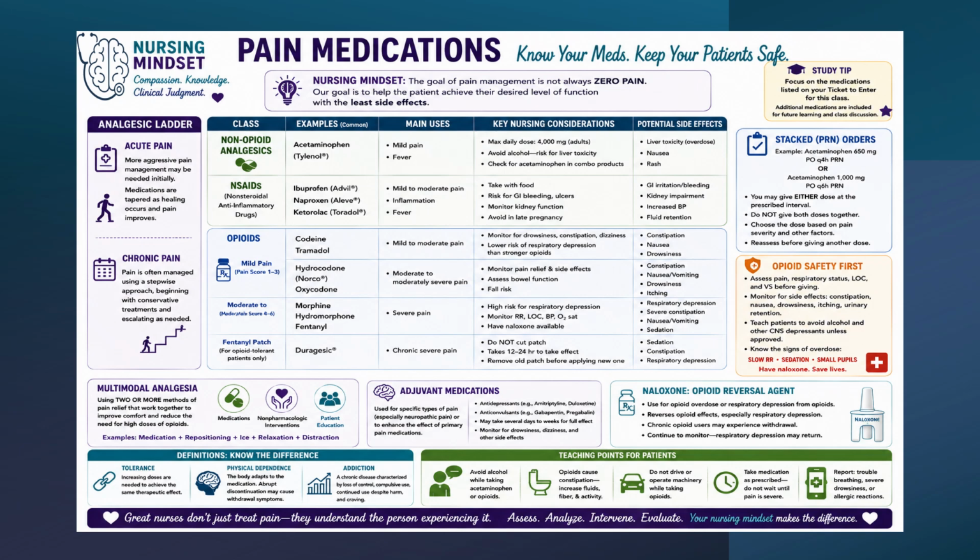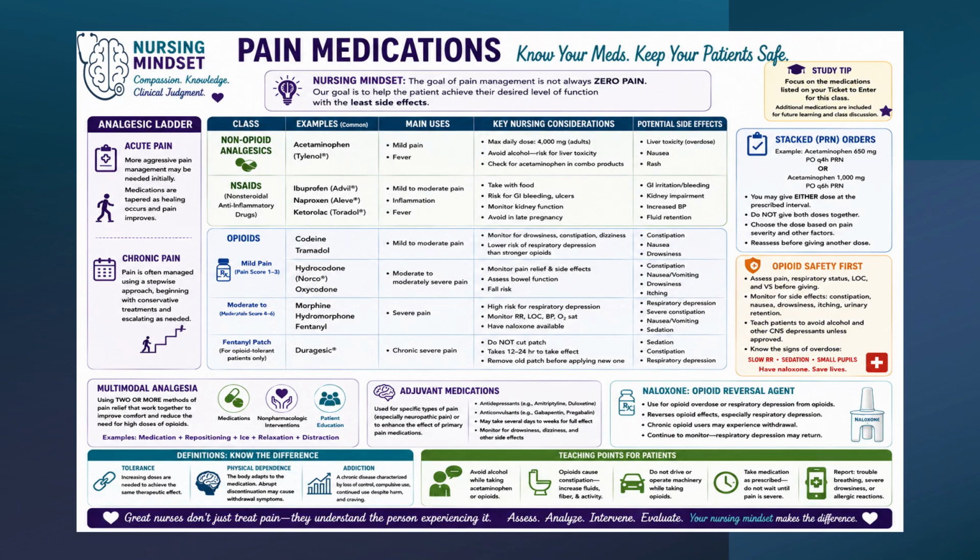Now let's also talk a little bit about multimodal pain management. One of the best ways to manage pain is through multimodal analgesia. Rather than relying on one medication alone, we can combine multiple pain management strategies.